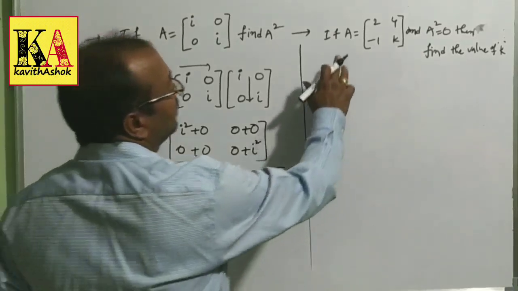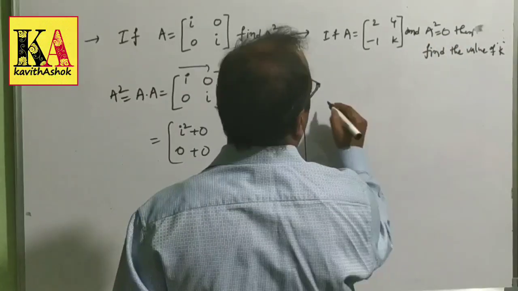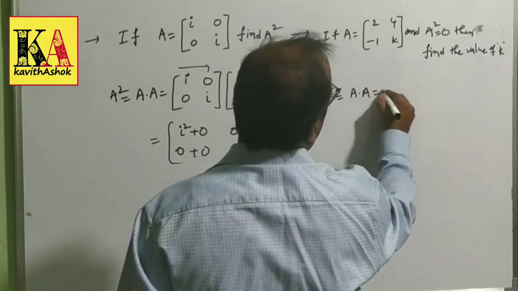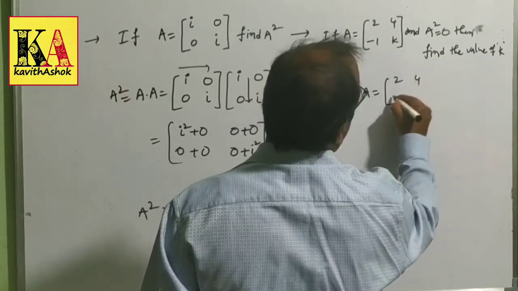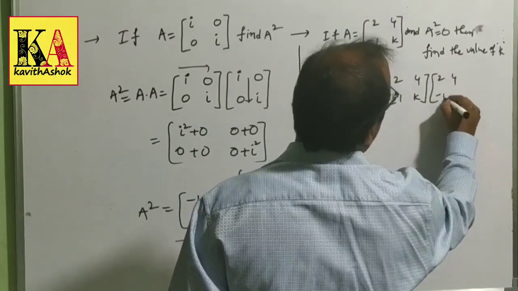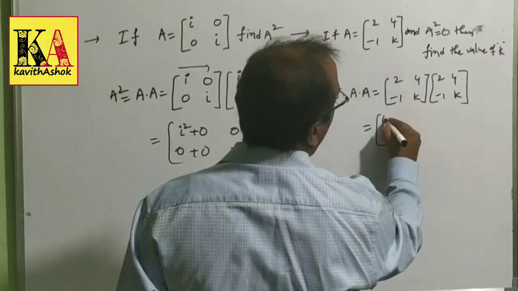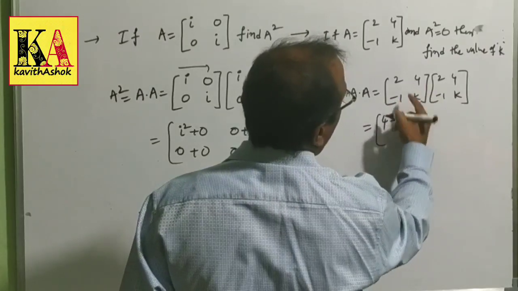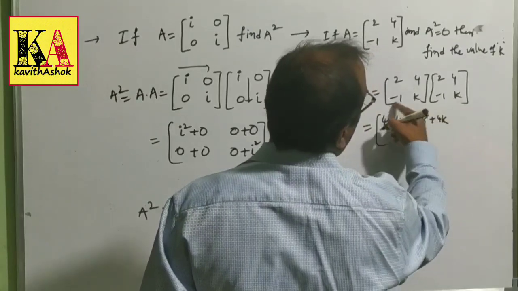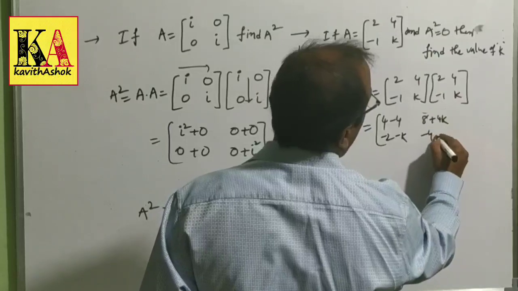Next, A is given and A square is given as 0, then find the value of k. Again, calculate A square here. A square in the sense A into A. 2, 4, minus 1, k and 2, 4, minus 1, k. Now, two twos are four, 4 minus 4, 2 into 4 is 8, plus 4k, minus 2 minus k, minus 4 plus k square.